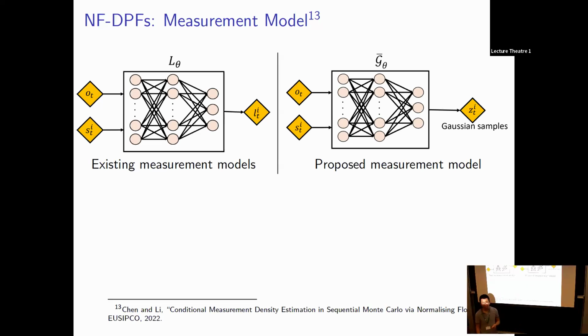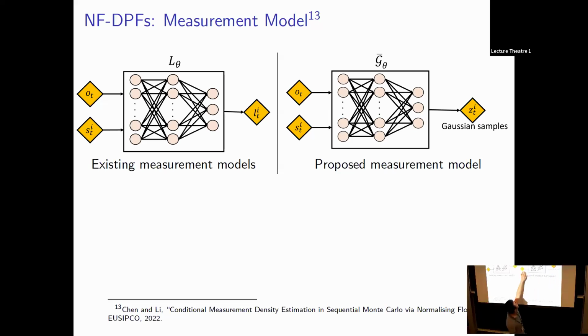And the reason we can do this is that conditional normalizing flow is an invertible transformation. So we basically can compute the density of the probability of OT given ST, based on the density of this Gaussian sample.